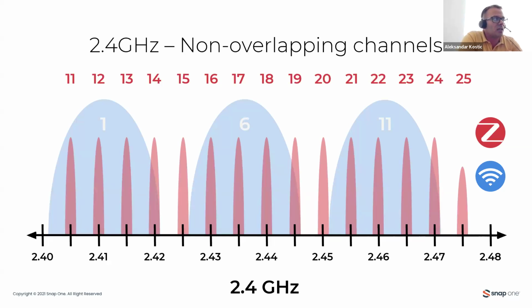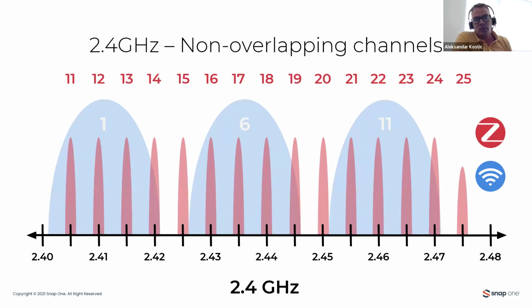Channels on Zigbee start from 11 and go to 25, and on 2.4 gigahertz Wi-Fi they go from 1 to 11. How they overlap, you can see on this diagram. And definitely Zigbee is a source of interference for Wi-Fi, like if we have additional access points on the same channel. They operate on the same frequencies, and they represent noise for each other.